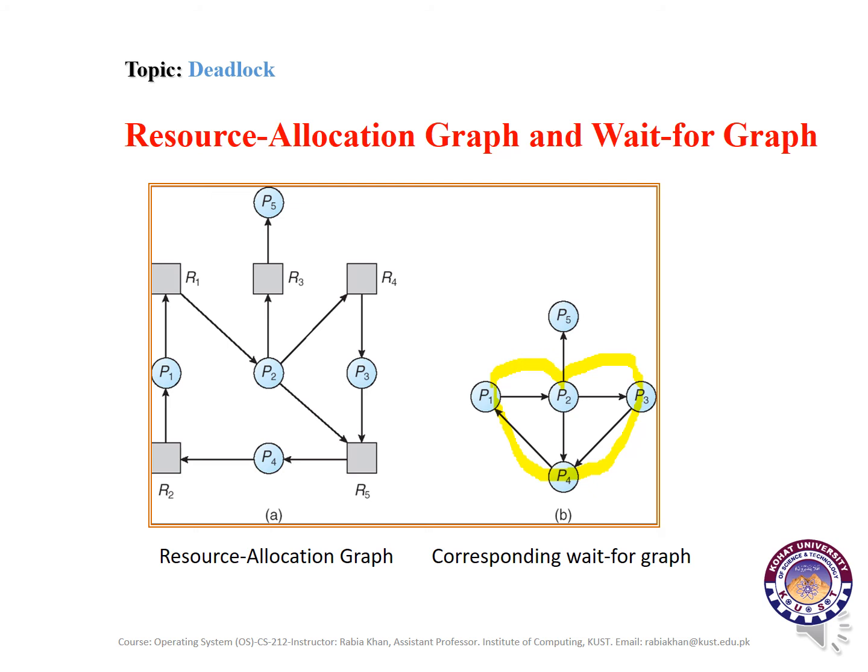So, the first circle involves 4 processes, and another circle is between P1, P2, P4 and back to P1. Let me highlight it also. So these are the 2 circles which you can easily draw.